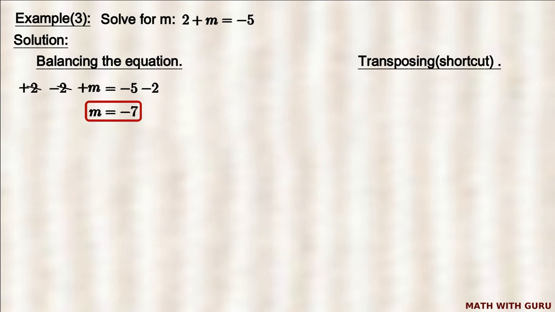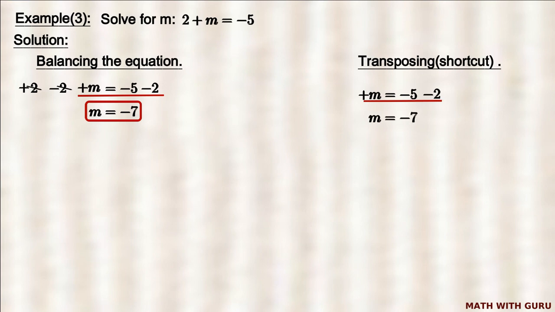Now let us solve the same equation using the method of transposing. Let us transpose 2 to the right hand side. When we say 2, it is plus 2. It changes its sign. Compare these two. These two are one and the same.